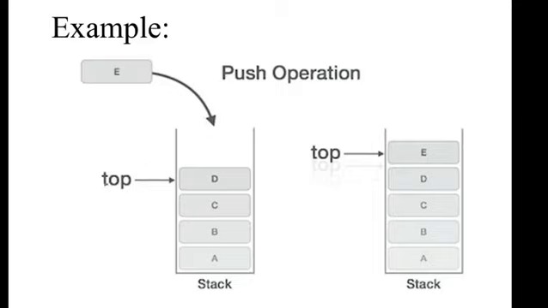To insert this E, first you need to increase top to the next index value. Once you have incremented this index value, you can place this element at this particular index.